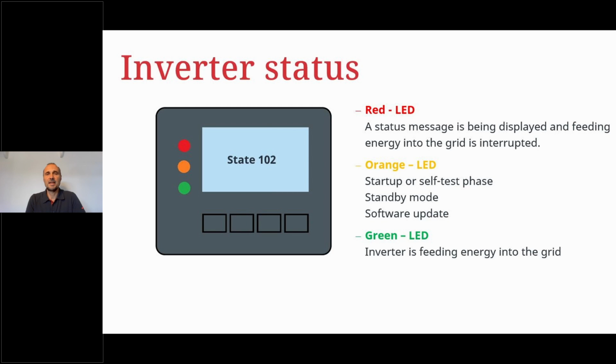So then this LED would light up in red color. The orange LED just shows the startup and self-test phase, so there is no problem with this. Maybe this is night time, so there's not enough sun irradiation, so therefore the inverter will not start. The green LED is showing that the inverter is feeding in and everything is fine.